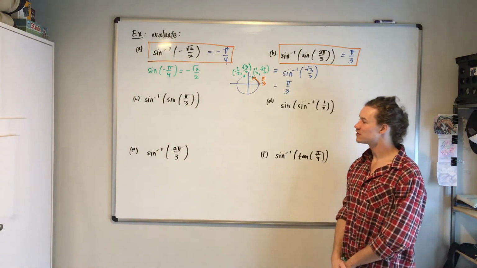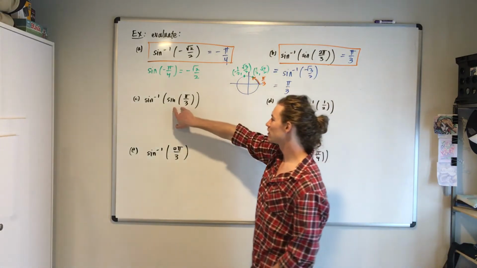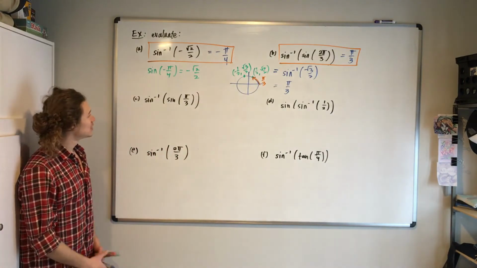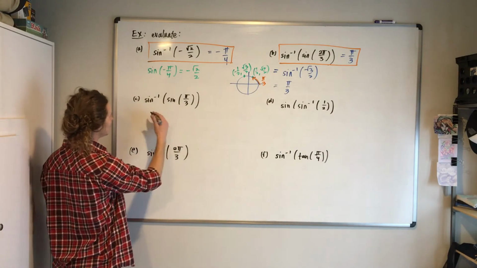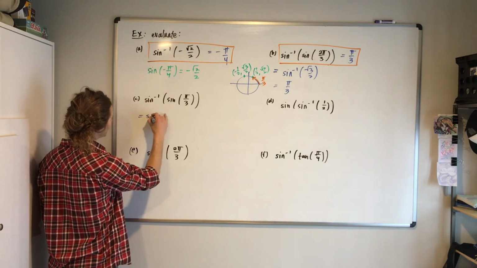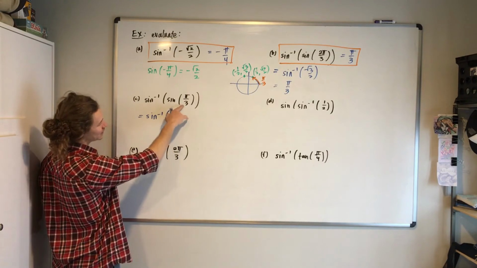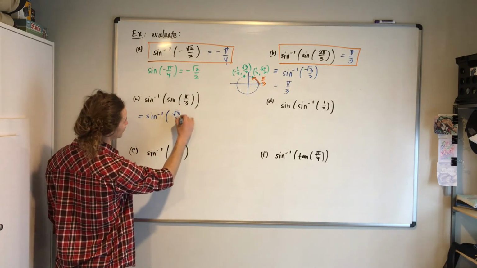Part C, we have the inverse sine of the sine of pi thirds. So again, let's just evaluate the inner of the composition and then put that result into the outer of the composition. To evaluate the inverse sine of sine pi thirds, we first look at the sine of pi thirds, which we know is equal to the y-coordinate of the terminal point corresponding to the real number pi thirds, which is √3/2.